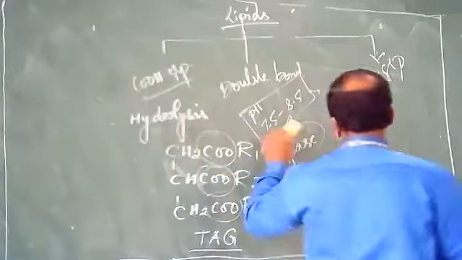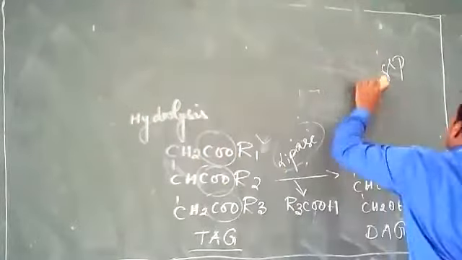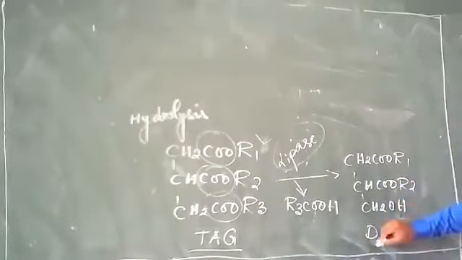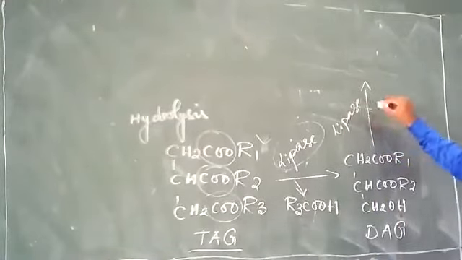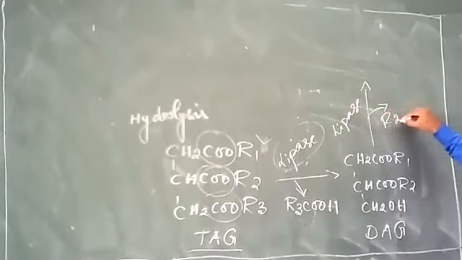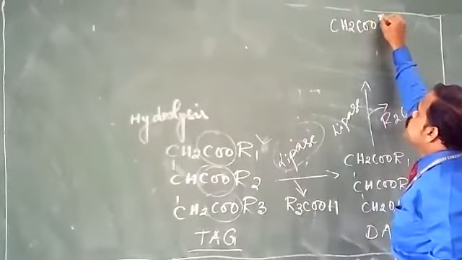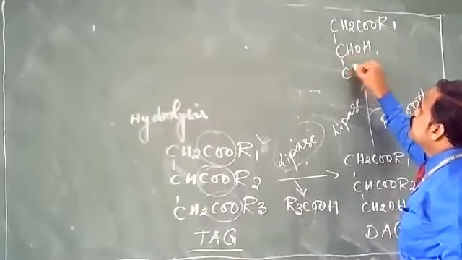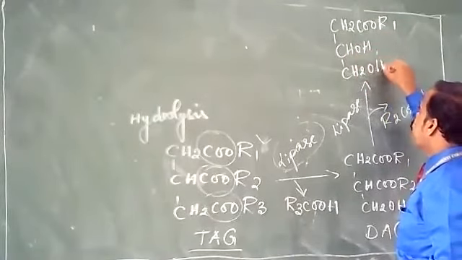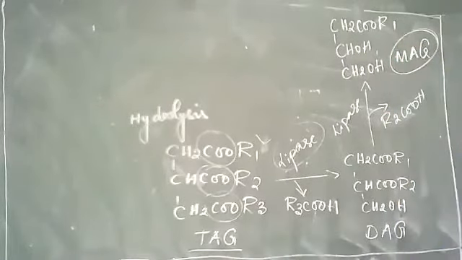Then further hydrolysis: this diacylglycerol is further hydrolyzed with the same enzyme lipase, releasing one more molecule of fatty acid, R2COOH, so that it becomes CH2COOR1, CHOH, and the third carbon CH2OH. This is monoacylglycerol.